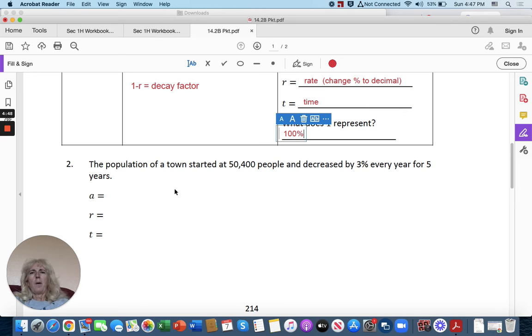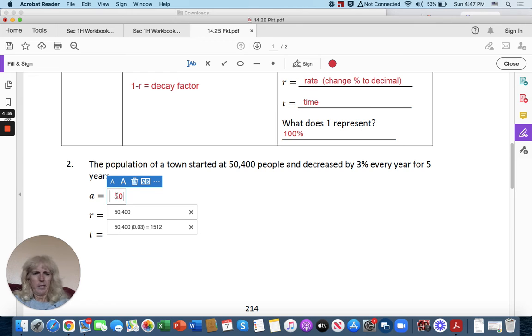Okay, so now the population of a town, we get the same problem, but now we can use a formula. What was the initial amount? The initial amount is 50,400, I believe. And the rate was, it was decreasing by 3%. So there's 3%. And they wanted to know 5 years.